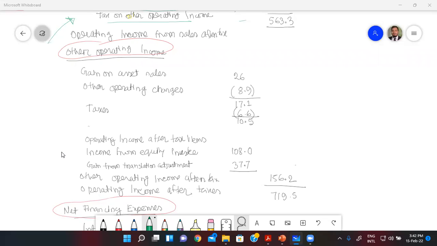In that case, can we include this in our calculation of taxes, or do we need to separate this item as an operating income after-tax item? As it is an after-tax item, that's why I have written it separately, because we do not need to make any tax calculation out of this. Have you got it? That's why I have written the 108 million separately, income from equity investees.